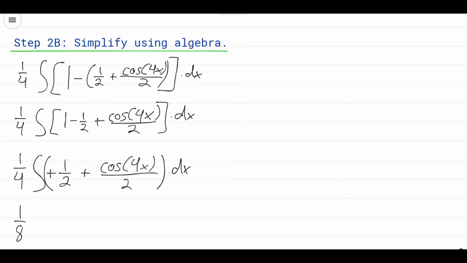And I can factor out a 1 half, and the denominator 2, and I get 1 over 8, because 4 times 2 is 8. And I'm left with 1 minus cosine of 4x times dx.